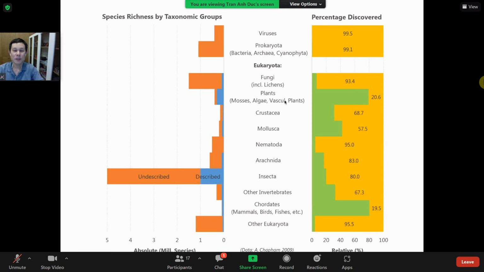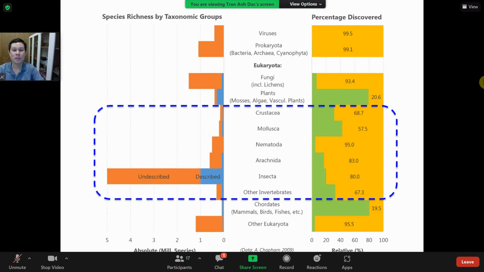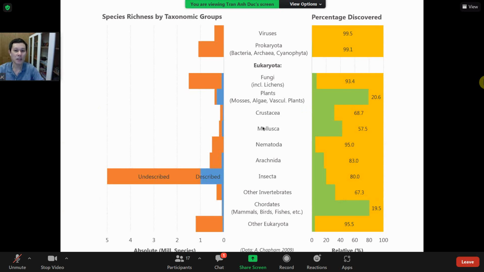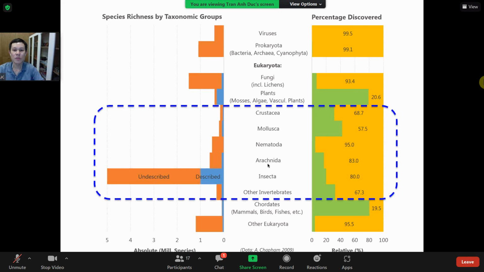But look at invertebrates: the crabs and prawns, the mollusks like snails and clams, the worms, the spiders, and anything that looks like spiders, insects and other invertebrates. You can see that we know very little about them. For the insects, for example, they estimate that we only know about 20% of the insects on Earth.